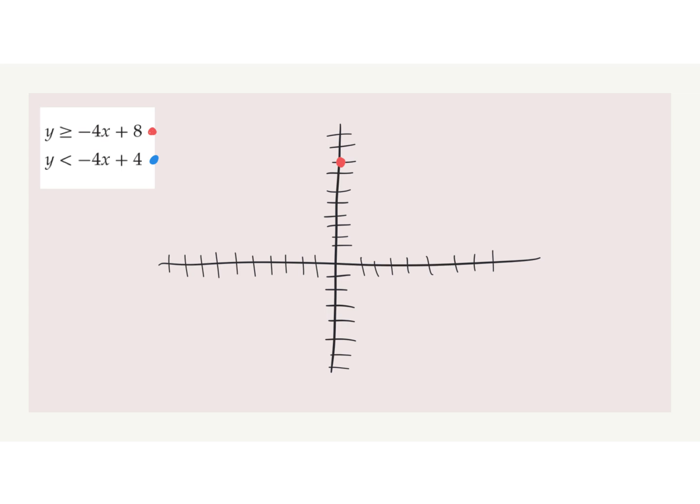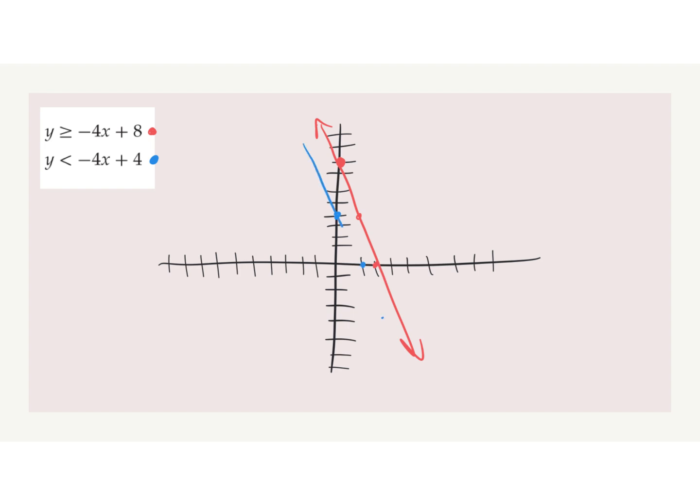And then I'm going to go ahead and do a rise over run of -4 and then 1 to the right. Now this is going to be a solid line, so I'm just going to go ahead and draw this line. Then for the other one, I'm going to start at 4. And again, go down 4 and 1 to the right, down 4 and 1 to the right.